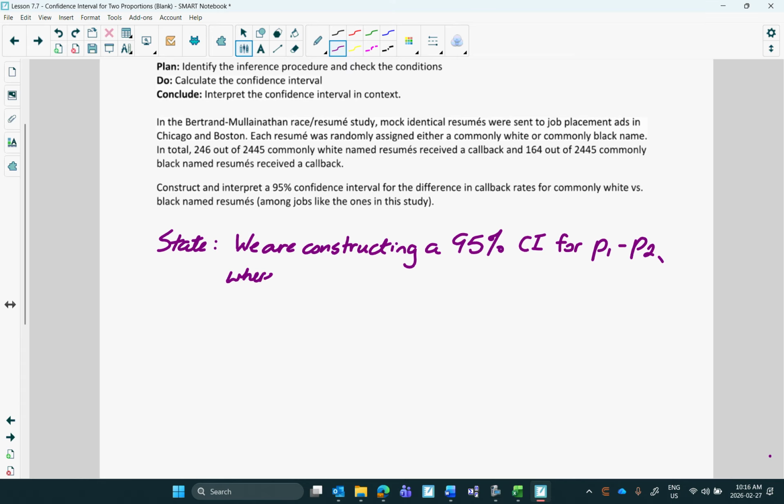Where P1 equals true proportion of white names who got callbacks.